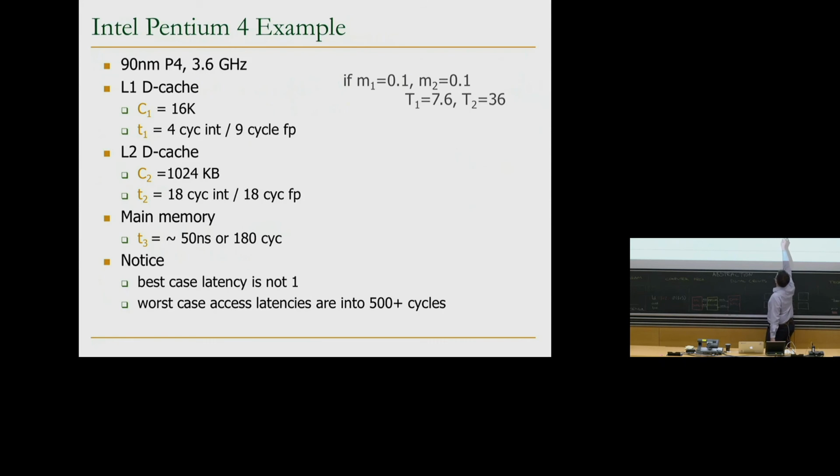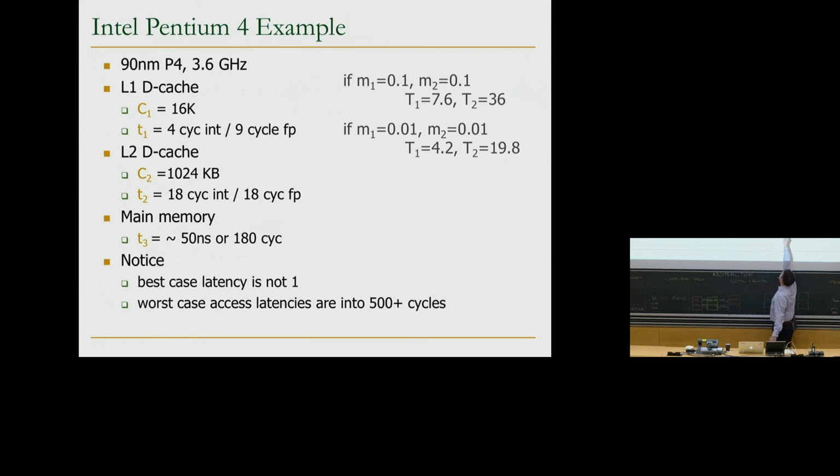If the miss rate of level 1 is 10%, and the miss rate of level 2 is 10%, you can make the calculation and say T1 is 7.6 cycles, T2 is 36 cycles. I'm just going to finish this example, that's the last slide.